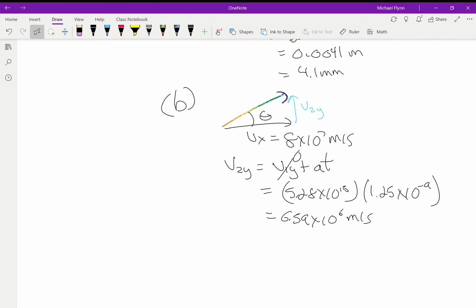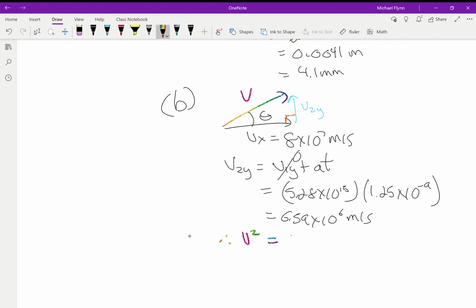Now that's not the answer. The answer is not what V2y is, it's what the hypotenuse of this right angled triangle is. Okay? So to find out what the hypotenuse would be, I'll use Pythagorean Theorem. So therefore I'll keep my rainbow color because I like it. Okay?